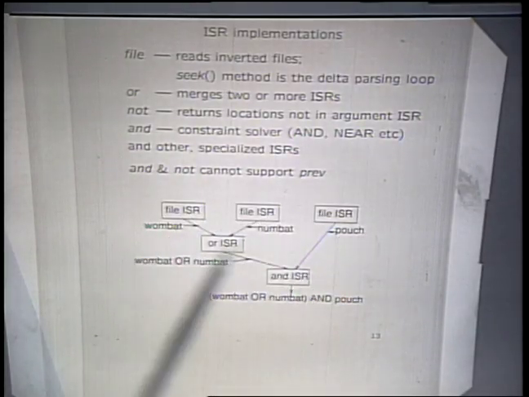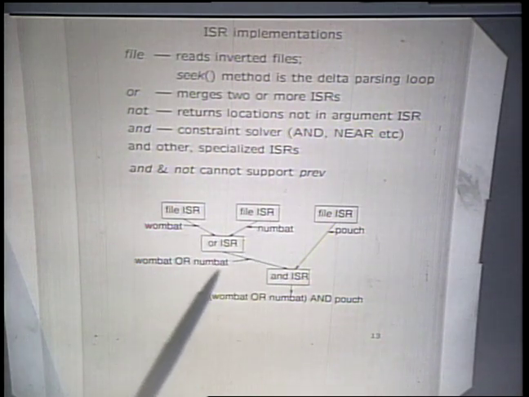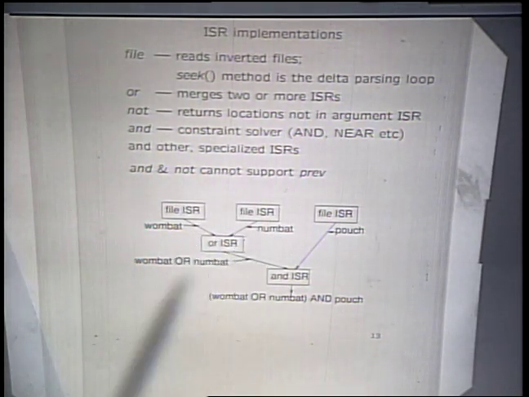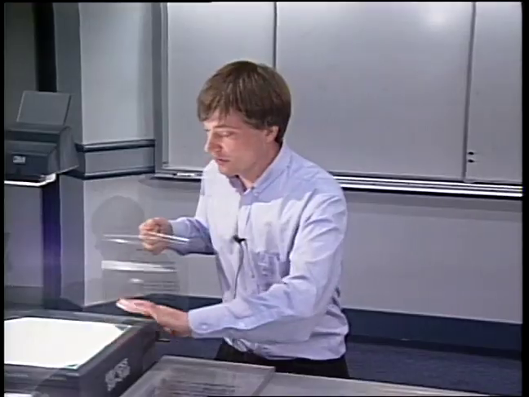These are the top, one for each of the words in the query. ORing, which remember is just a merge sort, ORing the streams here to get wombat or numbat, and then using the AND ISR with some constraints which are fed in from the side to get that conjunction. And so you can build up an expression tree in just the way you might in all kinds of other things.